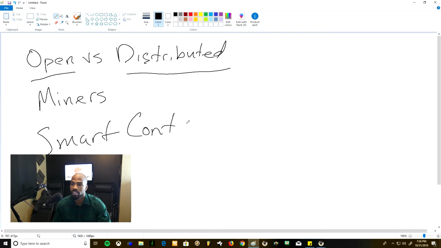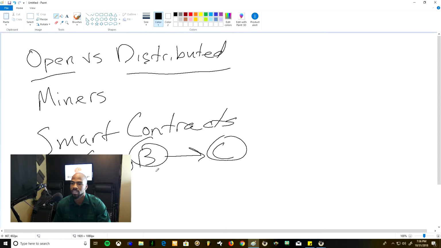And smart contracts are very similar. A smart contract is basically very similar to a distributed ledger, where the contract states if A happens, then B happens. And if B happens, then C happens. And basically, C can't happen unless A and B happen.